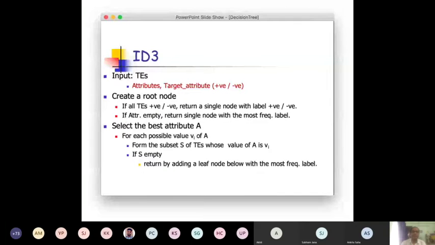That is what was there also in the trivial case. Otherwise, you should recursively call this algorithm ID3 with S to form the subtree. So this is a recursive call.